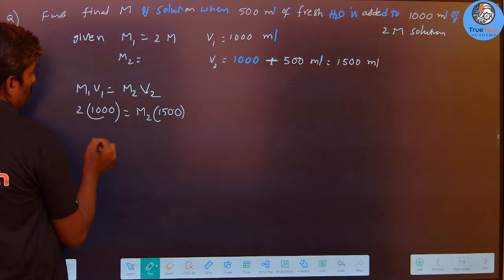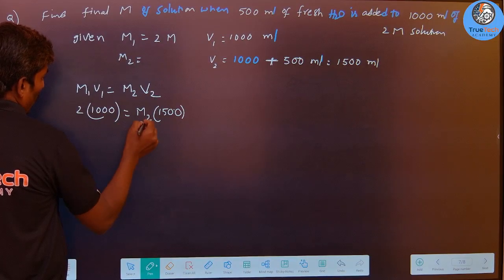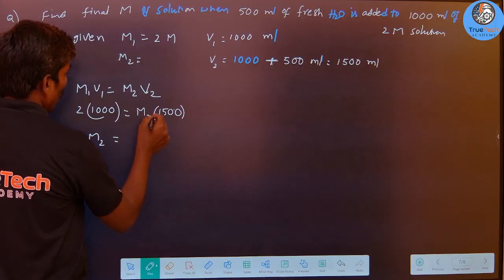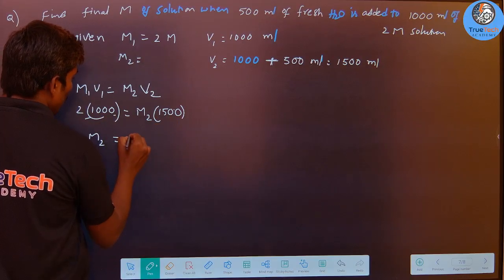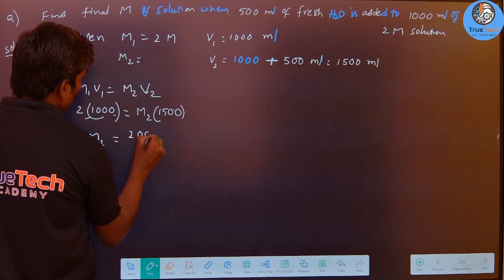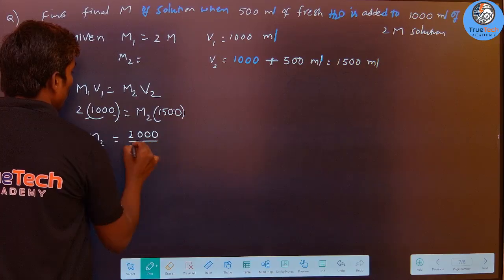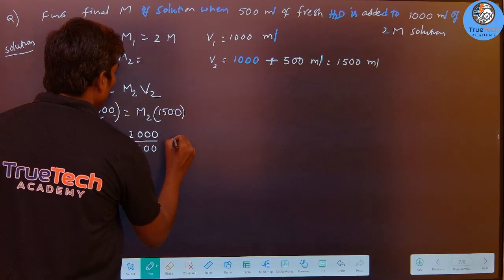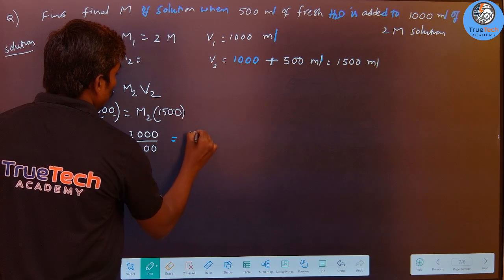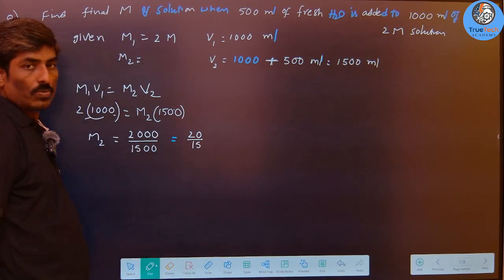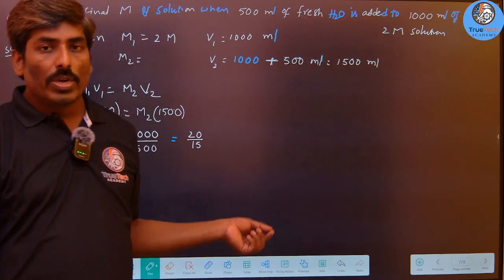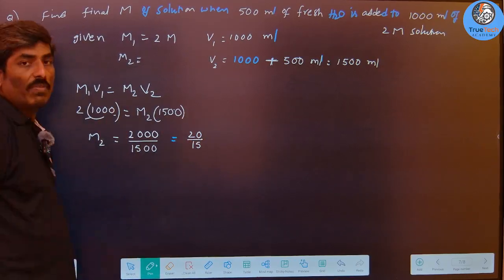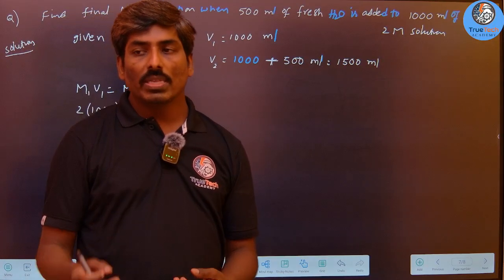So simple. Our interest is to find M2. M2 is 2 into 1000, which is 2000, divided by 1500. The zeros cancel, so the final molarity M2 is 20 by 15.